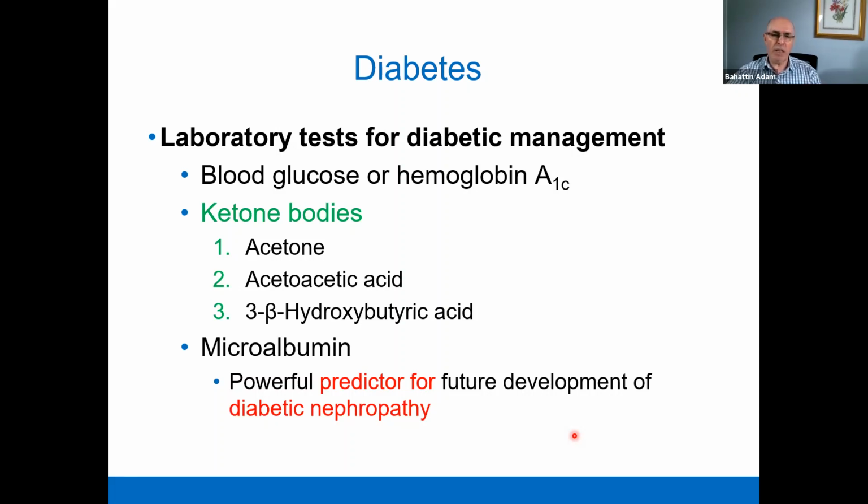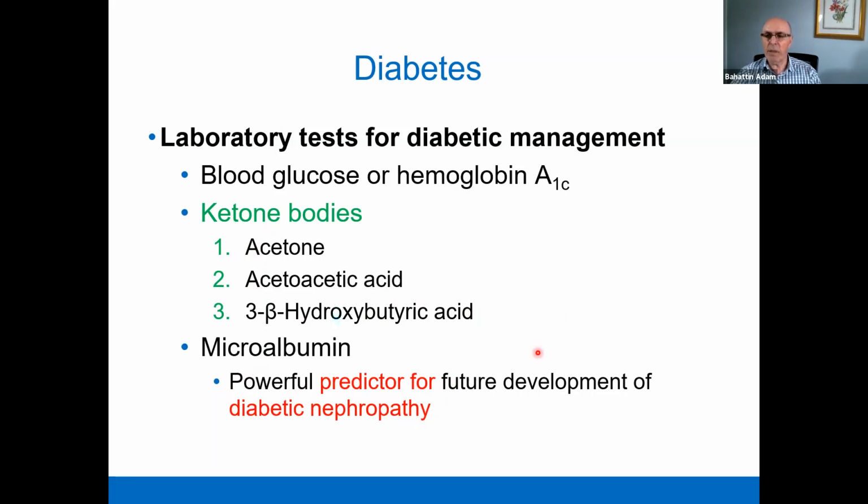These are the ketone bodies: acetone, acetoacetic acid, and 3-beta-hydroxybutyric acid, three types of ketone bodies circulating in the blood of type 1 diabetes or acute hyperglycemia. If we have a glucose concentration above 600 milligrams per deciliter, probably you will measure ketone bodies in blood.